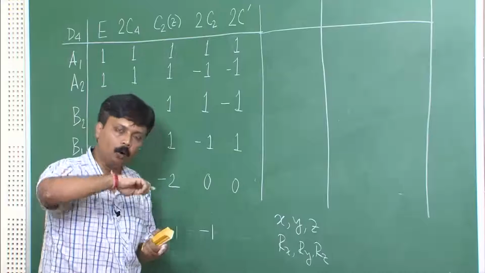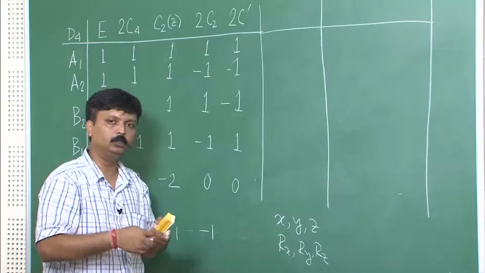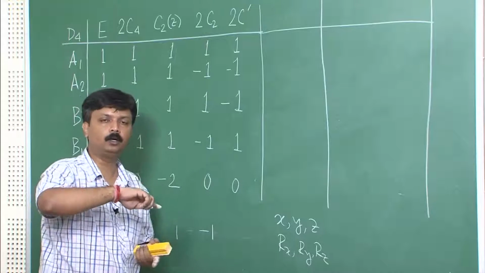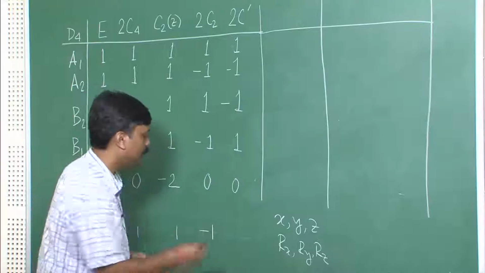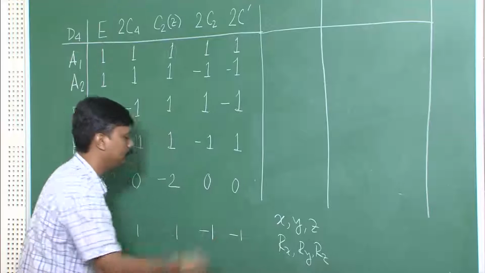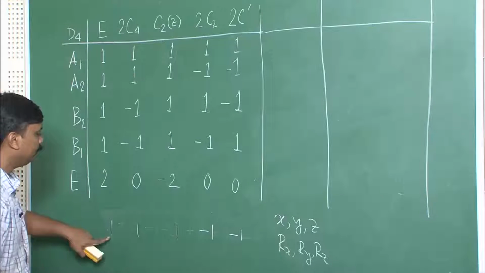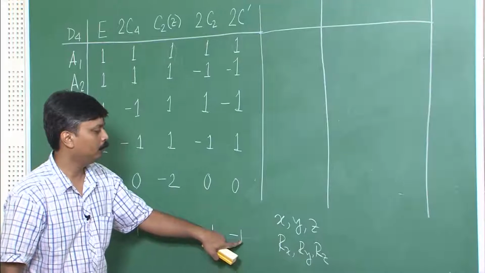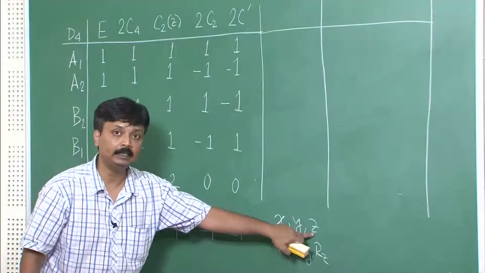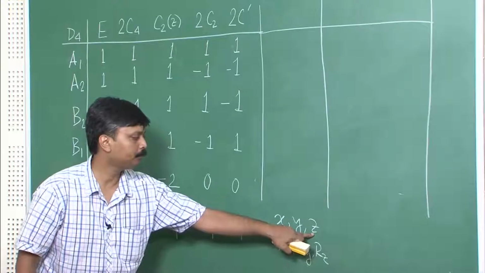So all the C2 primes or C2s will convert z to minus z. So this one as well we will get as -1. So now these are the characters that you get when you use z as the basis vector.